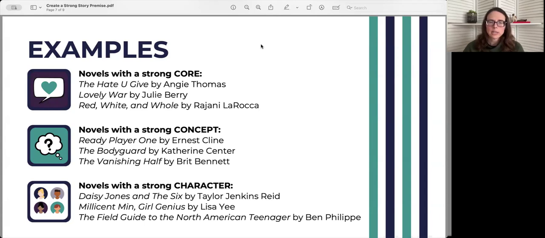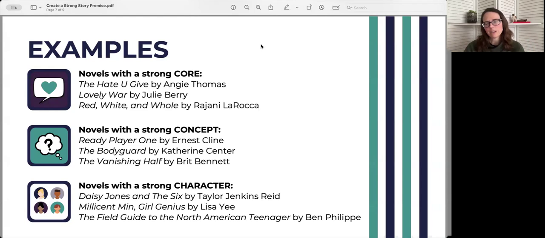So for instance, if we're looking at novels with a strong core message, The Hate U Give by Angie Thomas is exploring this idea of what it means to have justice and equal opportunity. And Lovely War by Julie Berry is a beautiful exploration of what it means, this contrast between love and war, and about love ultimately conquering all.